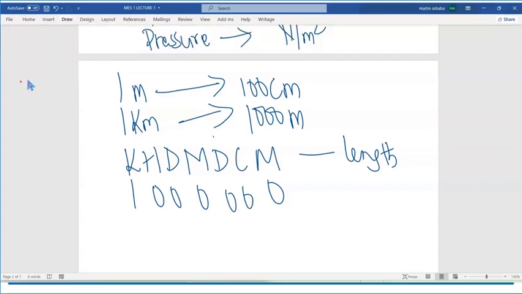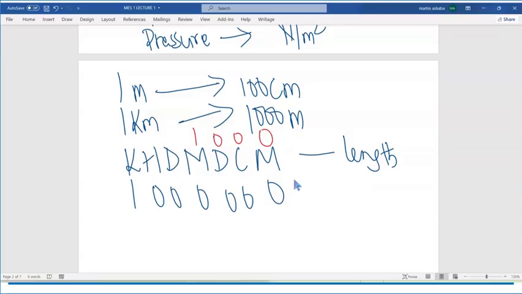I just come here, press a 1. How many zeros? So this is a kilometer, hectometer, decameter. This is a meter, decimeter, centimeter, and this is a millimeter.